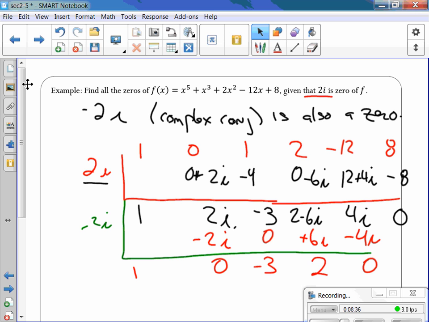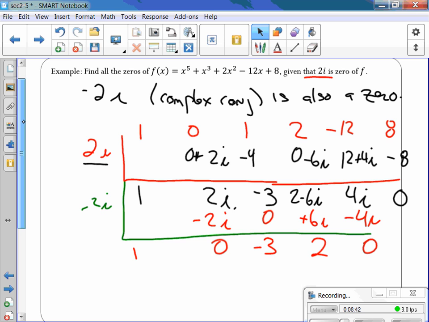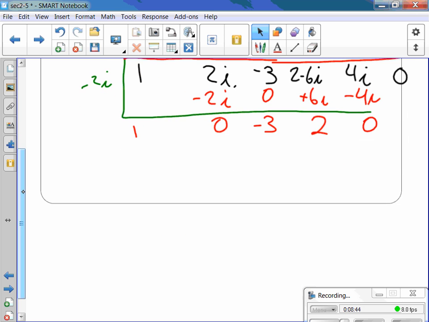Leading coefficient is 1, so we're just looking at the factors of my constant term, factors of 8. So we have ourselves 8 choices to choose from. So hopefully get this third degree polynomial down to a second degree by dividing by its 0.